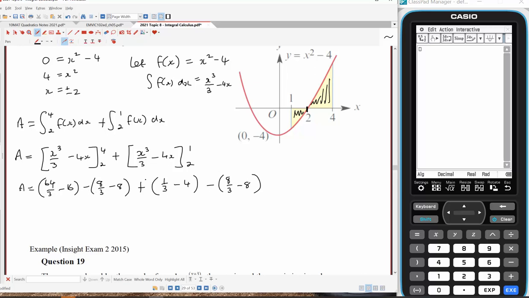All right, so I tend to over bracket things here just to make sure I handle the negatives correctly. A equals. All right, so this is going to be negative 64 on 3, plus 16, that's 48 on 3, so just going to get them to equal parts. This one is going to be subtract, that's going to be negative 8 on 3, take away negative 24 on 3.